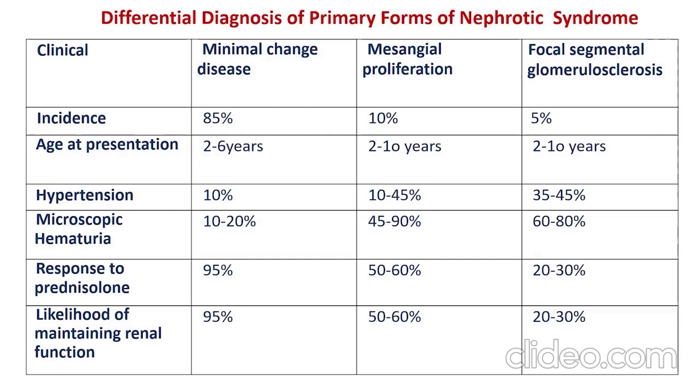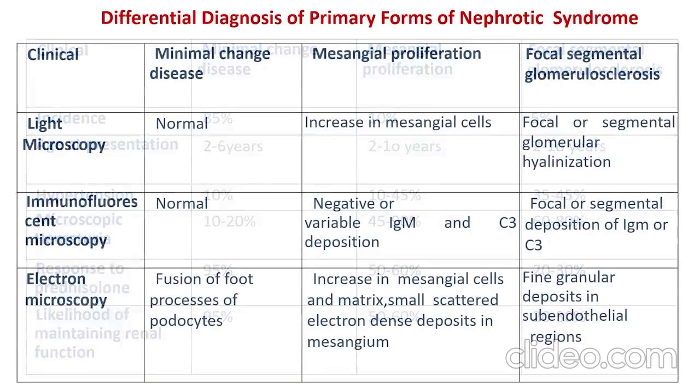Next, likelihood of maintaining renal function. 95% of patients with minimal change disease have normal renal function, whereas in mesangial type glomerulonephritis only 1/2 of patients, and focal segmental glomerulosclerosis 1/3 of patients.